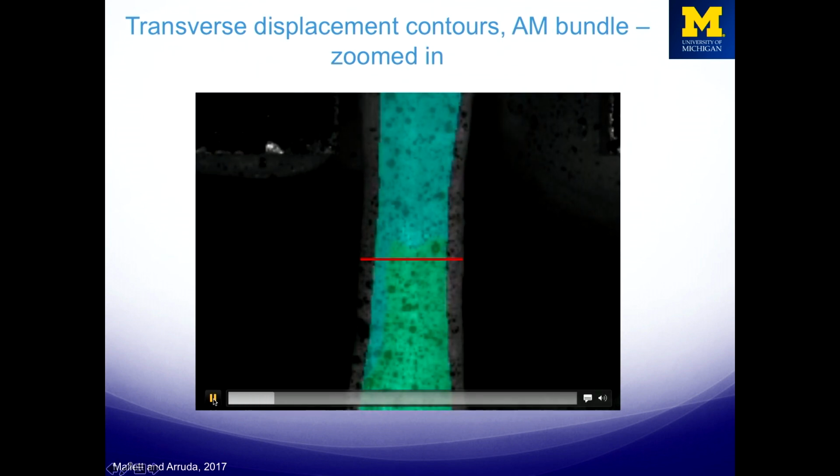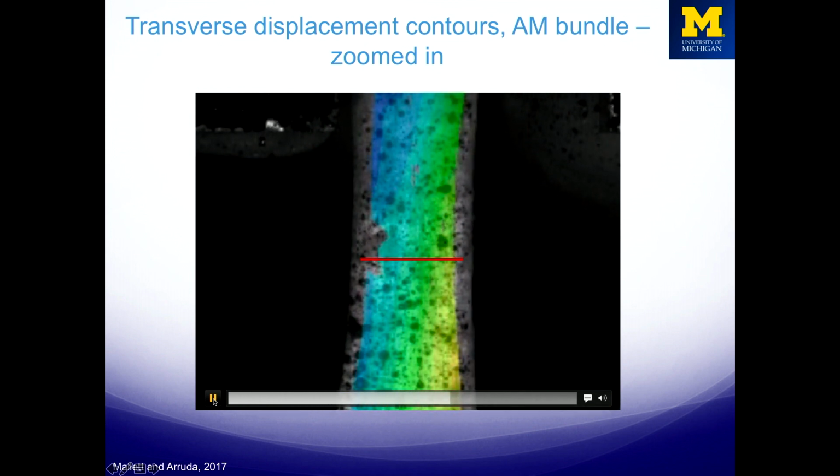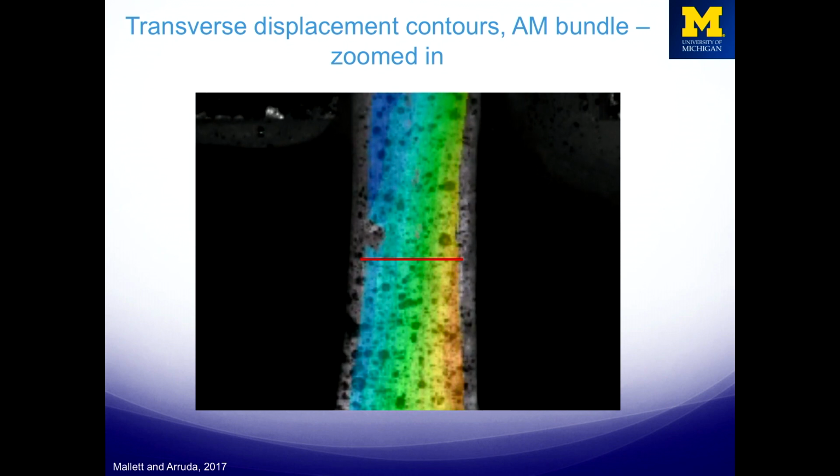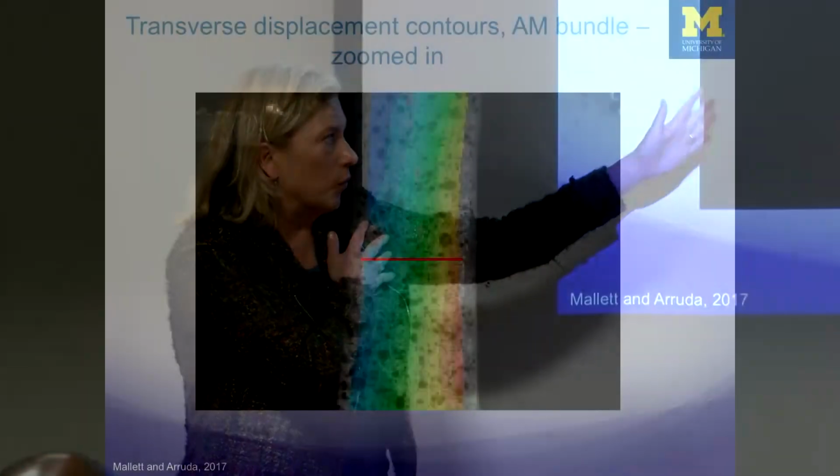If you look very closely, clearly this tissue is expanding laterally in that direction. That's why we put another camera on to see what was going on in this direction, and it's contracting in that direction. So overall, the volume change is a little too noisy to really pin down. It looks like there is a volume change, a positive volume change, but not something like what this would suggest.